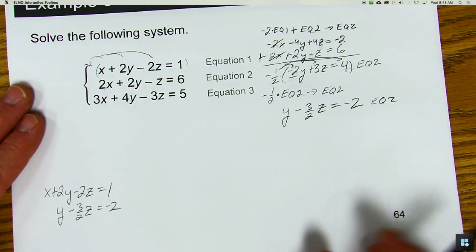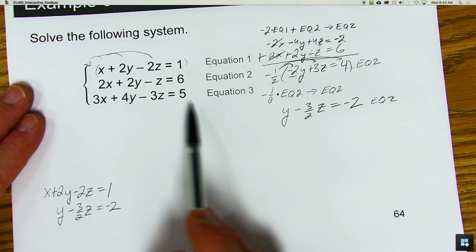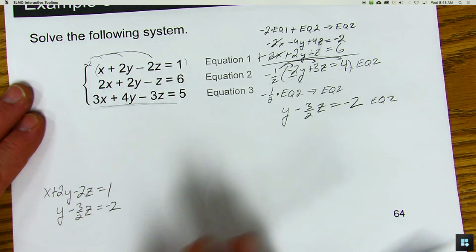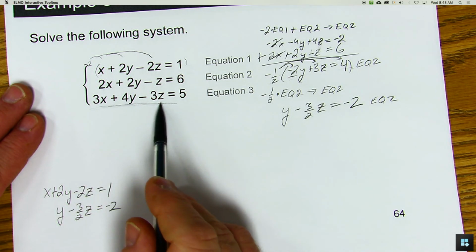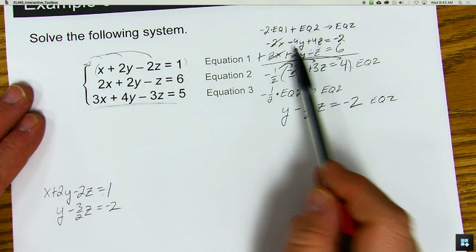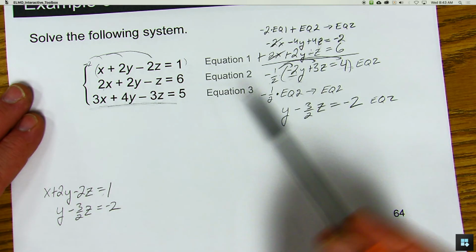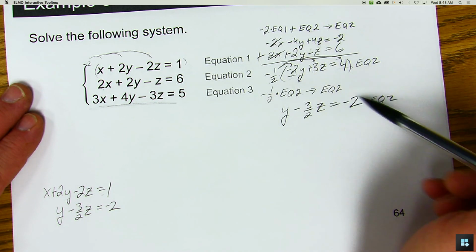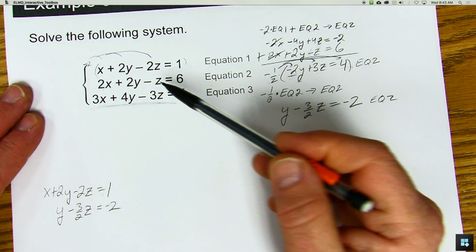Now the last thing I need to do is get this last equation, equation 3, down to just z. Equation 1 is right here, and my new equation 2 is here. I used equation 1 to help me get there, so now I can use whatever ones I want.